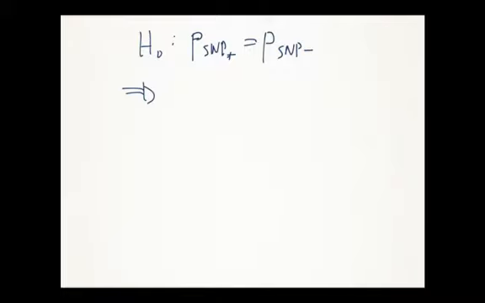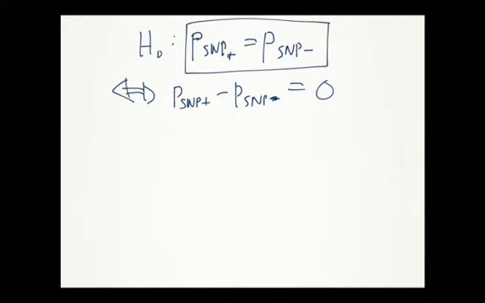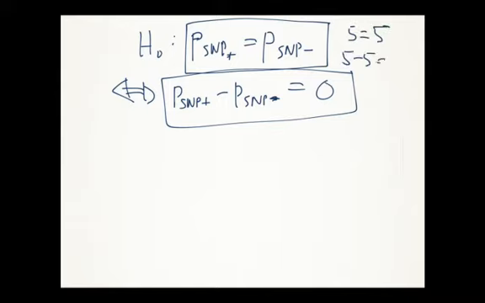Equivalently, I could have written the probability of sustained progression among those who are SNP positive minus the probability among those who are SNP negative, whoops, this is supposed to be negative, is equal to 0. So these two things are the same. Probabilities are equal, or one minus the other is equal to 0. If I say 5 equals 5, that's the same as 5 minus 5 equals 0.